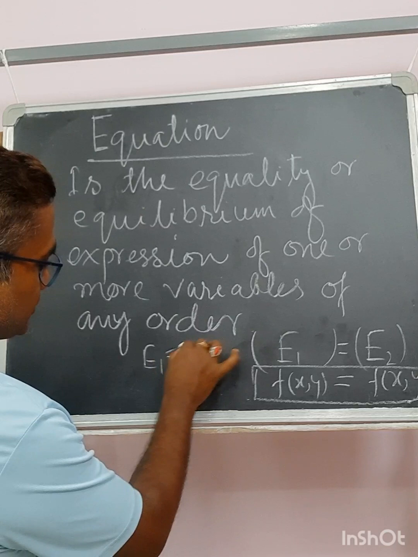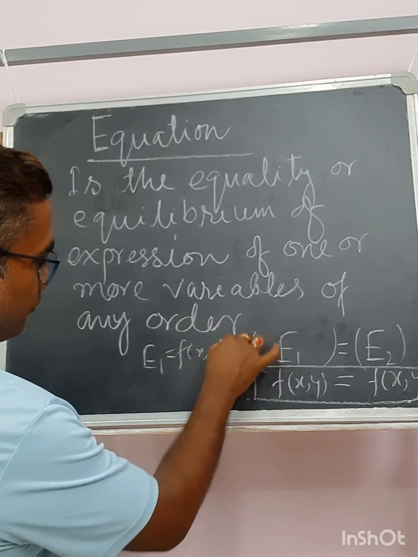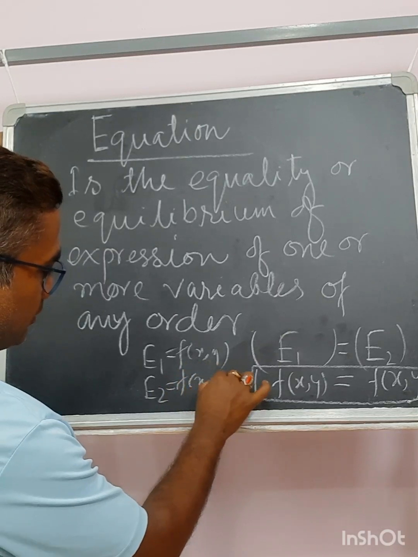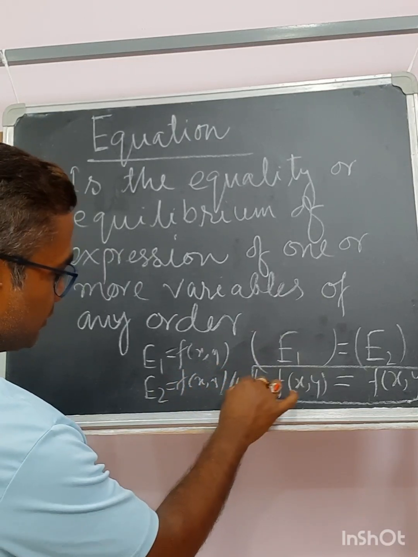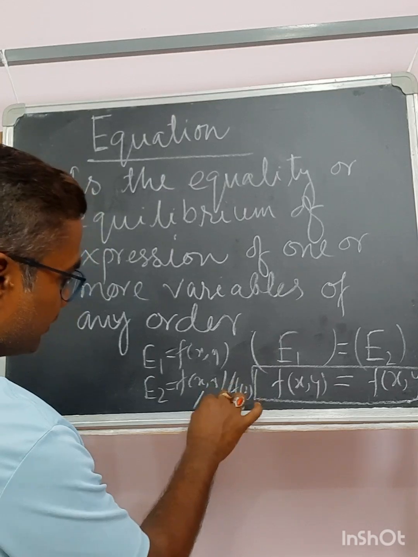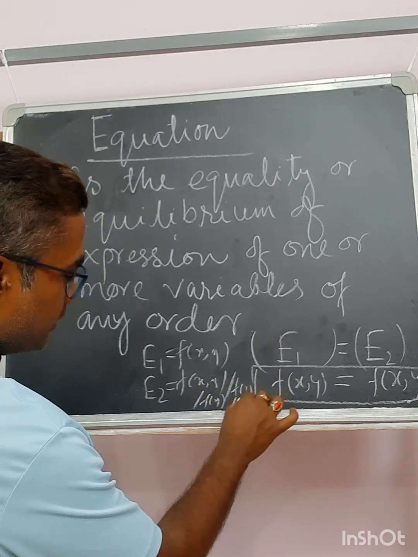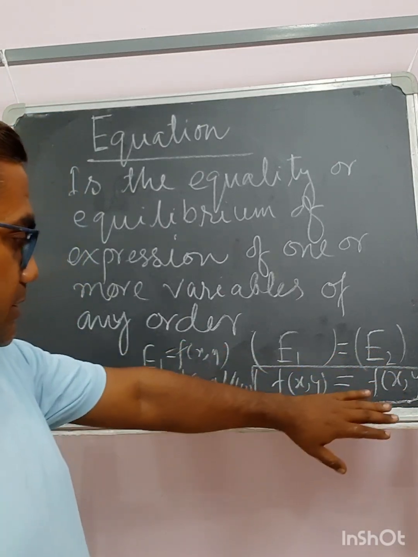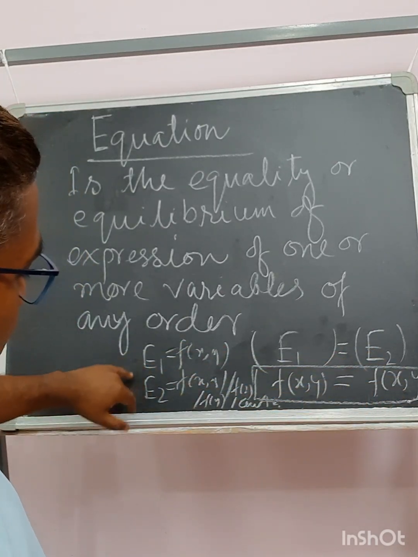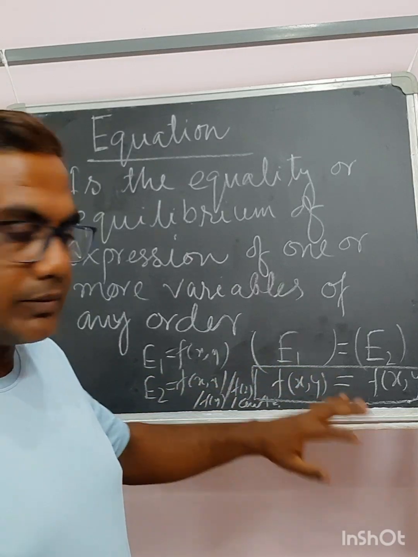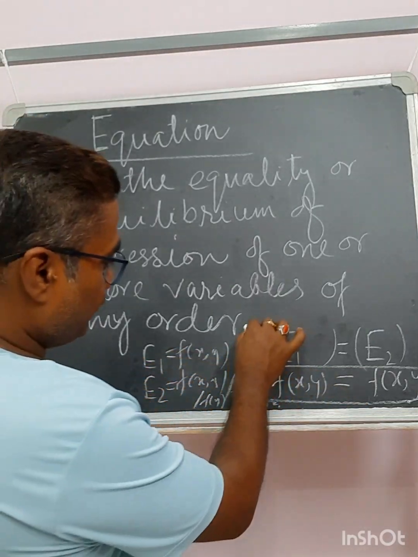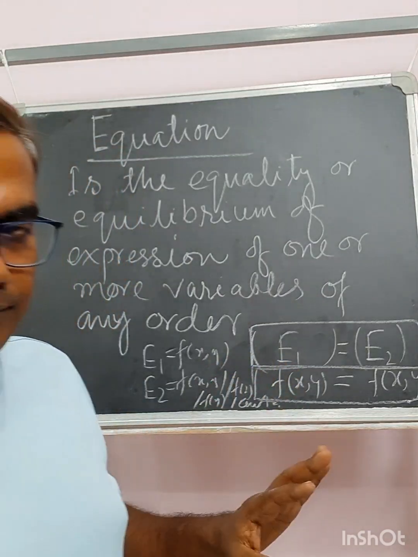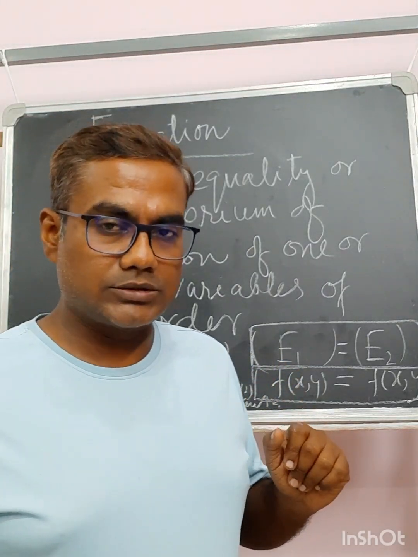E1 could be a function of x and y, whereas E2 may be a function of x and y, or a function of x, or a function of y, or a constant. In any such circumstance, if E1 equals E2, then this total form, this equality, is called an equation.